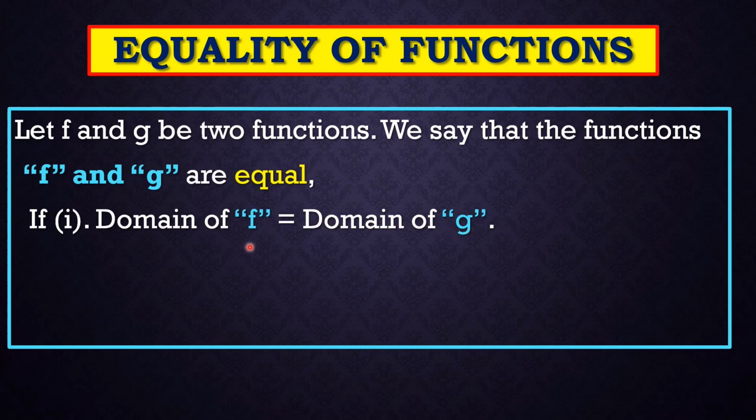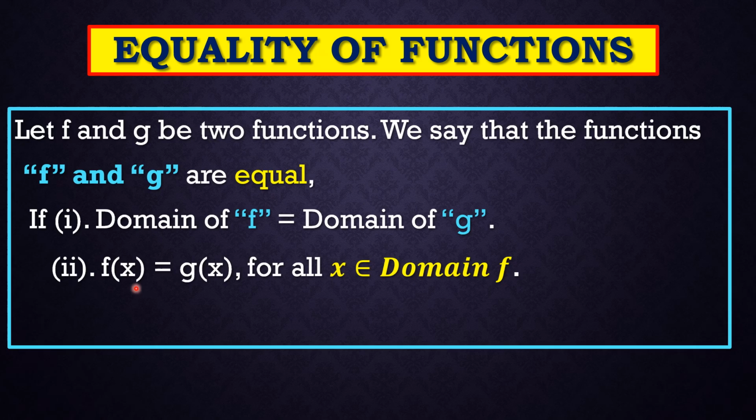Here domains of the functions f and g are always equal. And the second one is f of x equals g of x. That means images are also equal for every element in the domain of f or g.